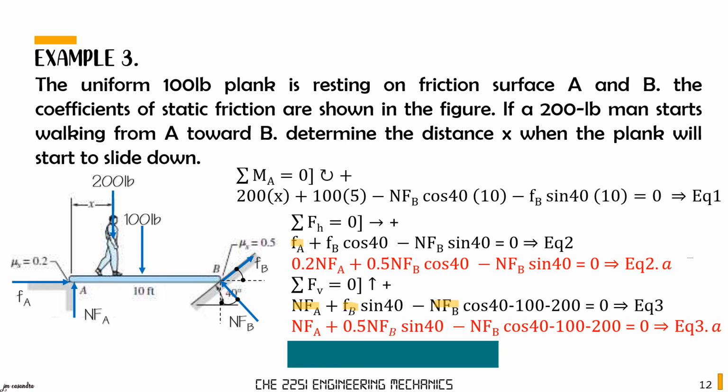So we'll have now equation 3.A. So solve simultaneously 2.A and 3.A. We will now arrive at the values of NFB and NFA. So you can substitute it at equation 1, giving us a value of x equal to 4.34 feet.